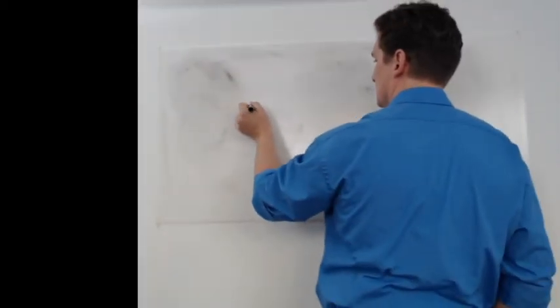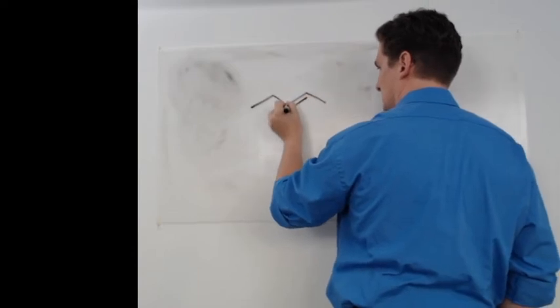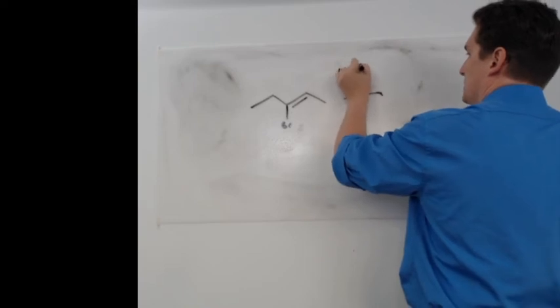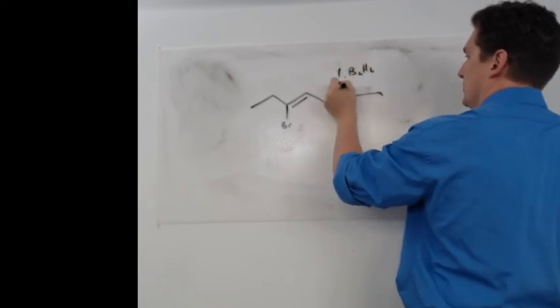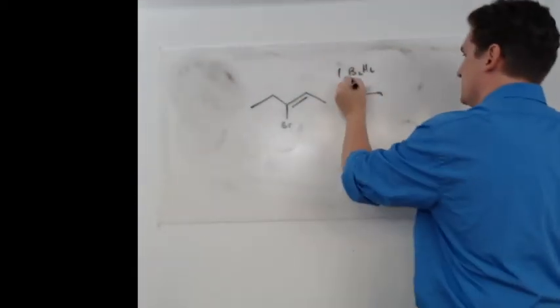Two pentene. The reaction we're working in is B2H6 followed by H2O2 and sodium hydroxide.